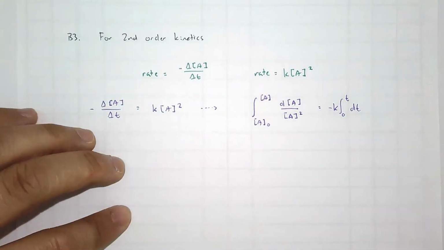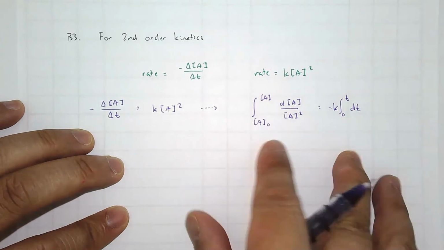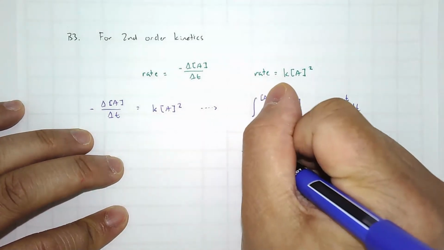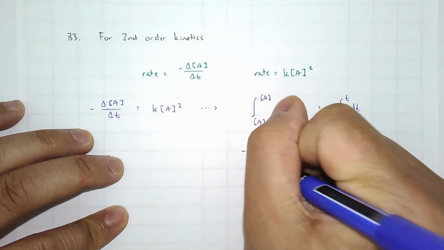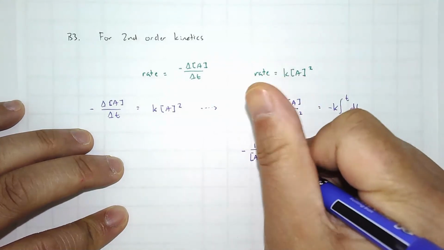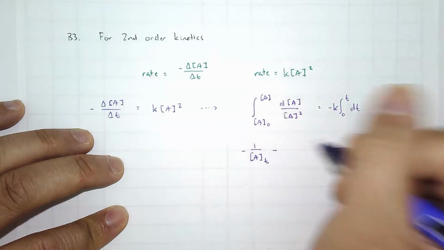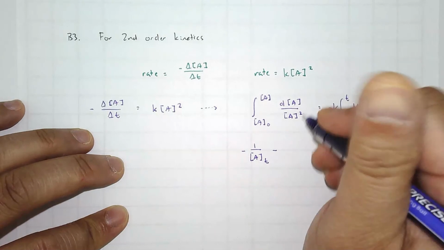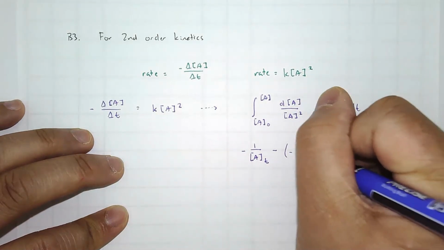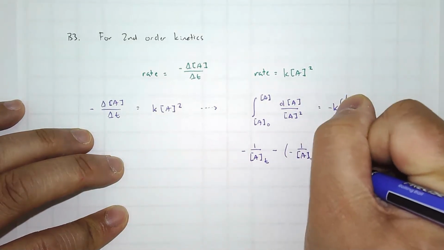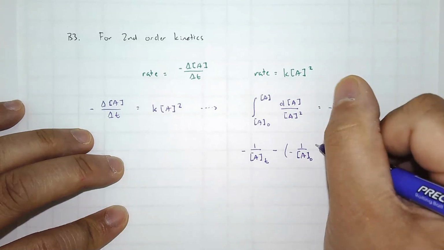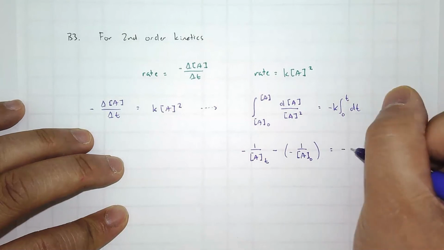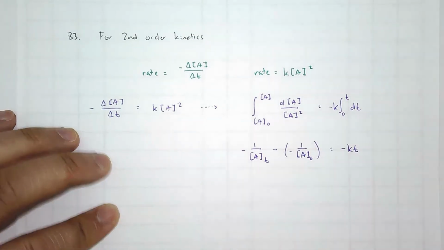Now, evaluating this integral, what you actually get is negative 1 over the concentration of A at time t, minus a negative 1 over the concentration of A at time 0, equals, still negative, negative kt.